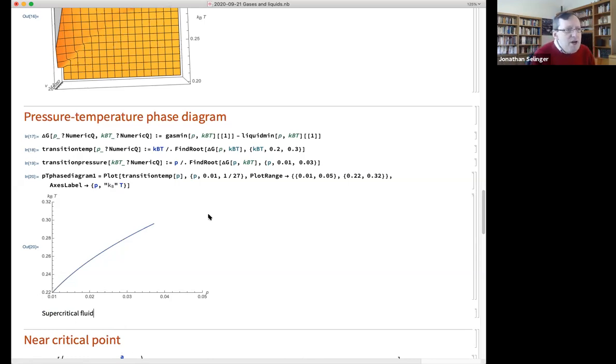Now, one question that students often ask is, where is the border between supercritical fluid and gas, or between supercritical fluid and liquid? And the answer is, there isn't exactly a border. You could imagine you're a sailor on a ship sailing down around the bottom of South America.